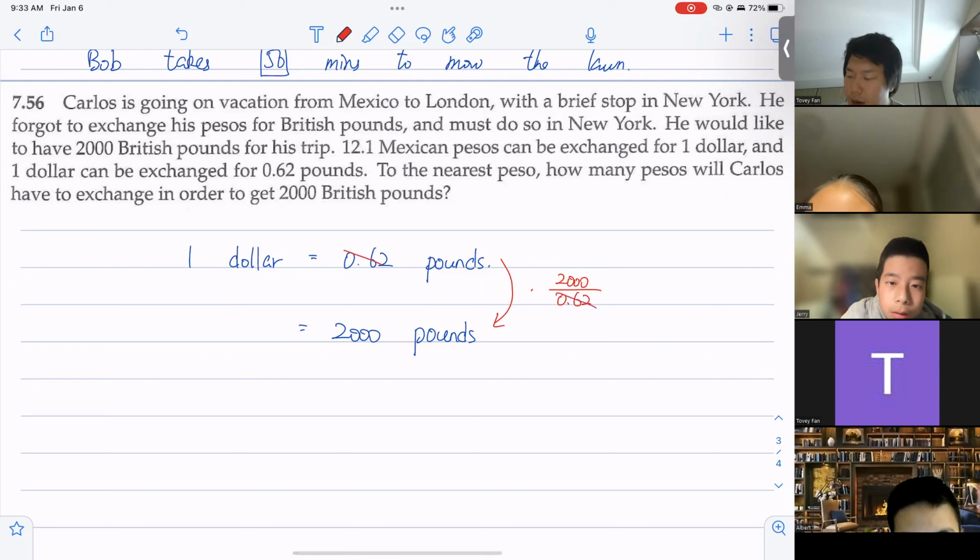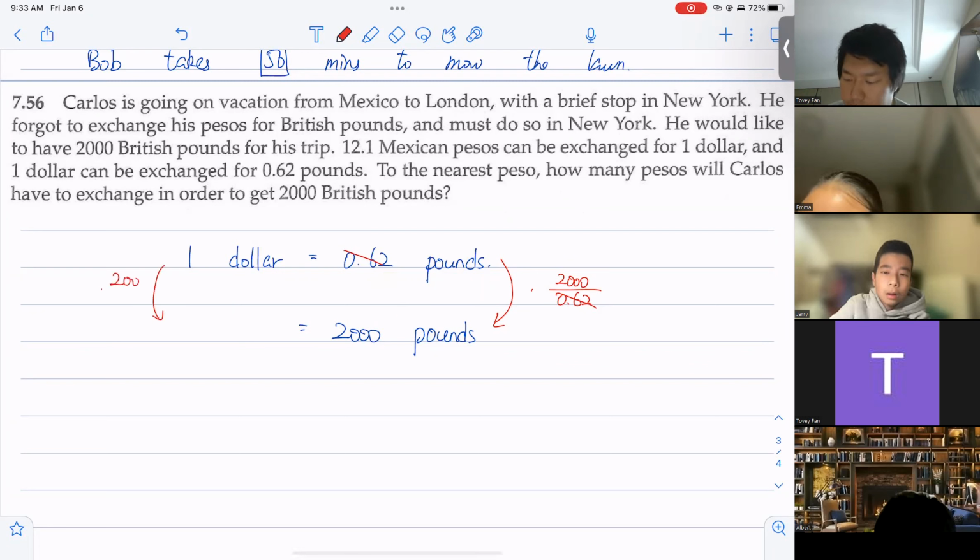You cancel out the denominator and you get to the numerator, right? So we will see that if you times by 2000 divided by 0.62, you can change from this number to 2000, right? So that means on the other side of the equation, you also want to times by 2000 over 0.62.